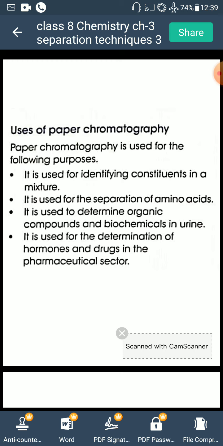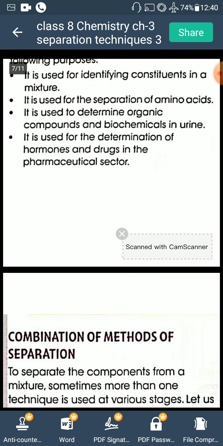If the option given is only chromatography, you have to mark chromatography. Next, it is used to determine organic compounds and biochemicals in urine. And last, it is used for the determination of hormones and drugs in the pharmaceutical sector.